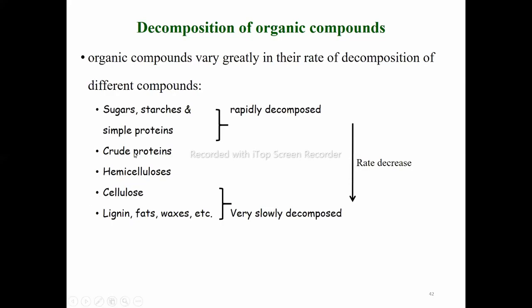So if these materials are present together in a particular soil, a group of microorganisms needs to degrade the whole set of compounds. Only one organism cannot do the degradation of these compounds, right? So a group of organisms has to do the decomposition. Then only all the materials may be degraded, right?